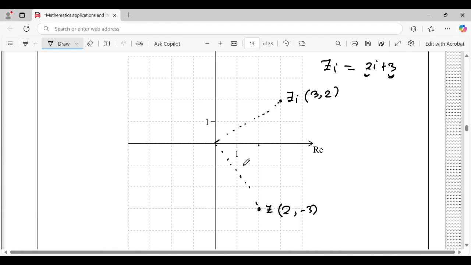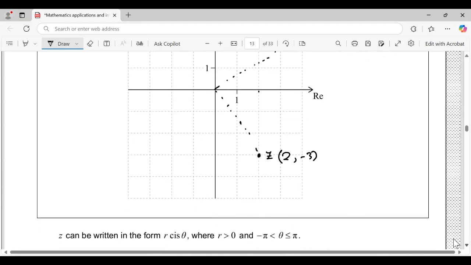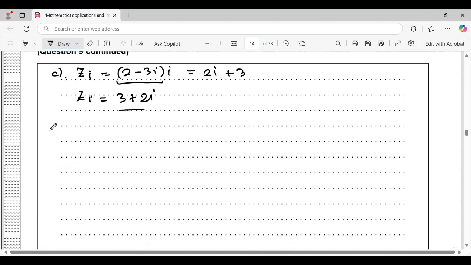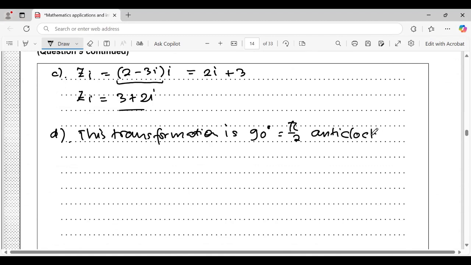So this transformation is a rotation of 90 degrees, or pi half, anti-clockwise. Okay, that is rotation.